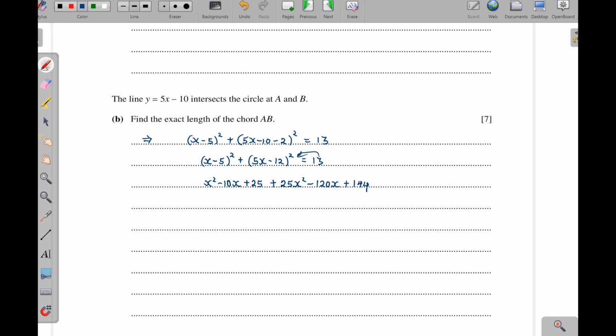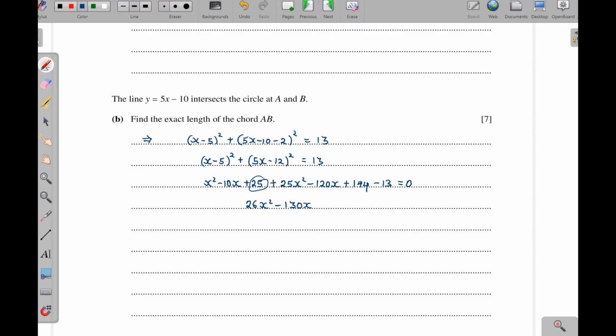I can bring this on this side, it will become a minus, so that I get a quadratic. x squared plus 25x squared, that one will give us 26x squared. Then minus 10 minus 120, that one will give us minus 130x.